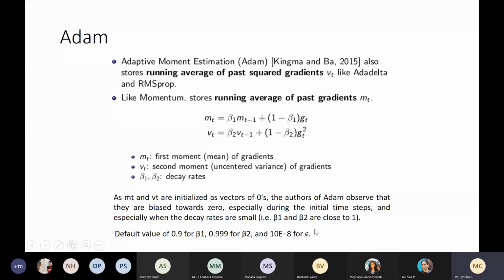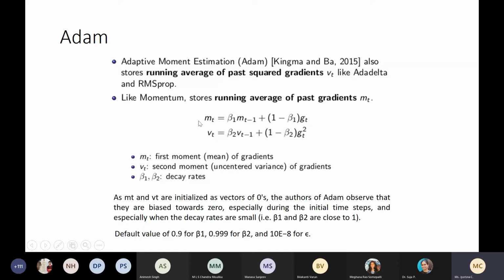Epsilon usually has the value 10 power minus 8, a very small value used just to avoid division by 0.